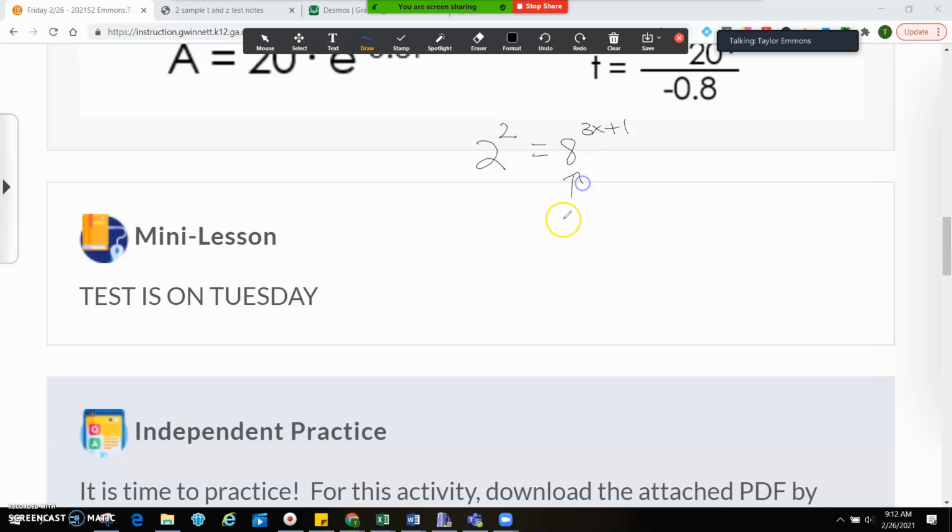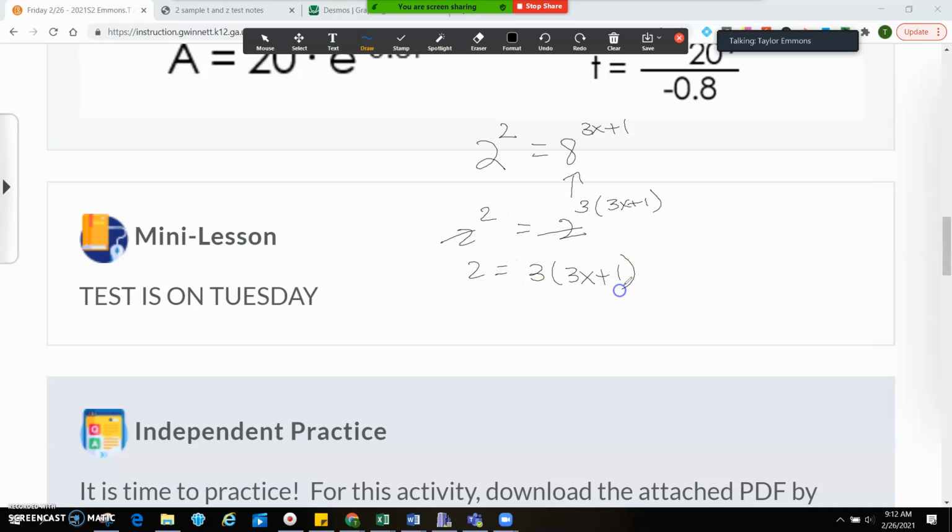So is there a way to write base 2 in terms of 8? So basically, 2 to what power would give us 8? Well, 2 to the third power would give us 8, right? And then I rewrite everything else the same. Okay, so instead of this just being 8, this is going to be 2 to the third. But now that it's 2, I can cancel my bases, and I can set my exponents equal to each other.